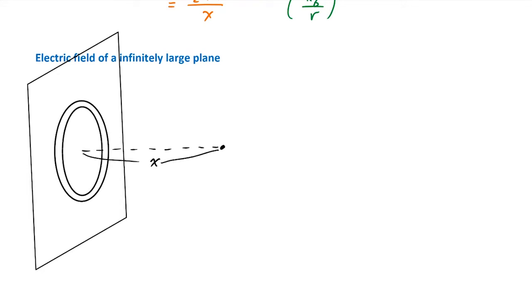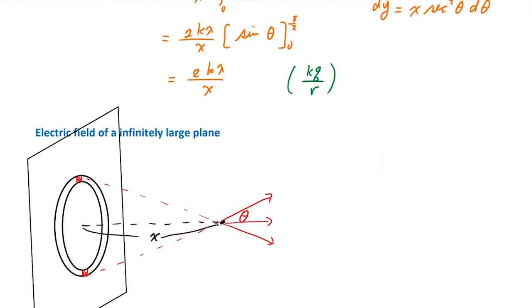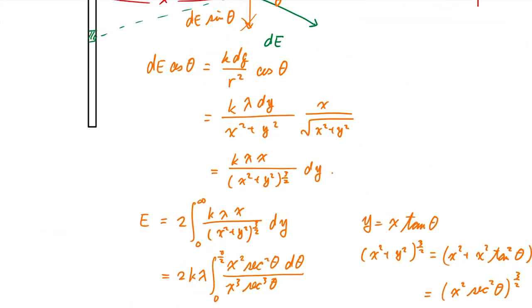And I think we did this one before, but this charge right there is going to create a field in this direction, but that will be counterbalanced by this charge here, which will create a field in that direction. So we only need to figure out this field. That angle is theta. So it's the exact same setup as this thing now, isn't it? Right? kQ over r squared cosine theta.